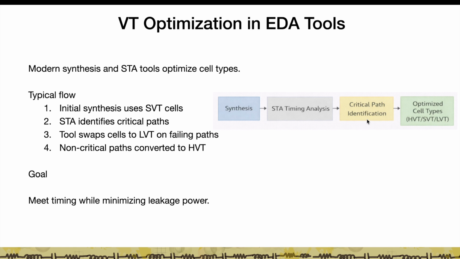Step 4. Cells on non-critical paths, the ones with large positive slack, get converted to HVT to claw back leakage savings. The result is a design where timing is met and leakage is minimized simultaneously, without the designer manually touching every cell. This is one of the highest leverage optimizations in the synthesis flow.